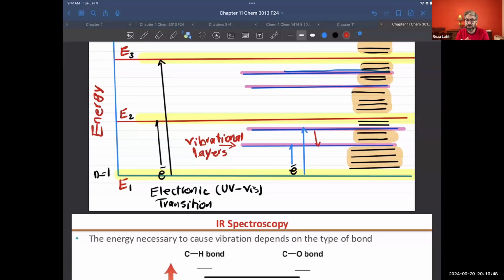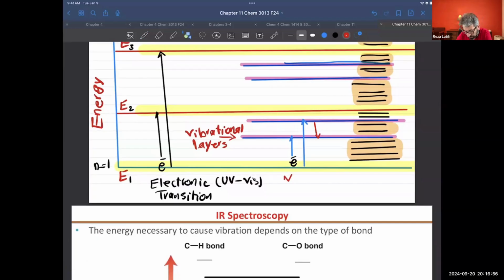If you are transferring an electron between vibrational layers, in that case we say you're dealing with vibrational techniques, or in this mode you can call it a vibrational transition technically.